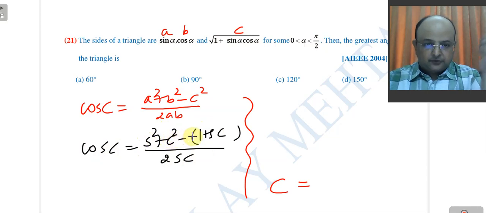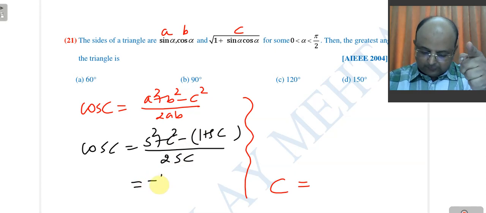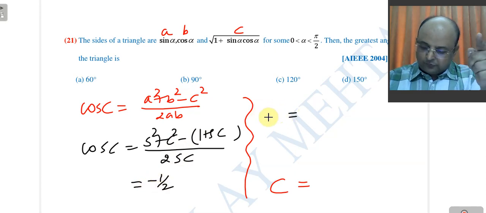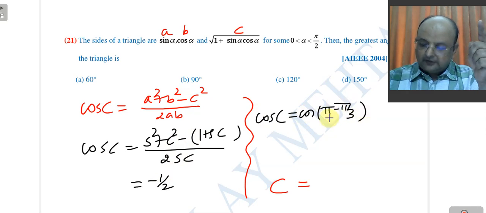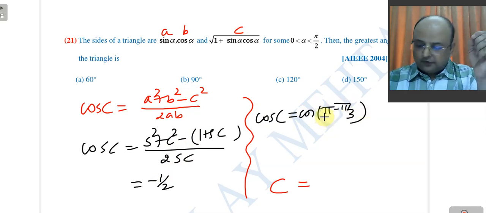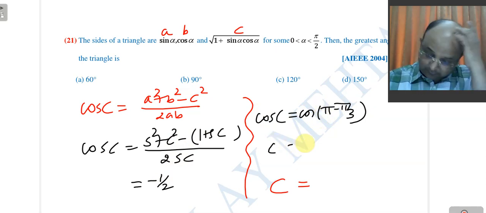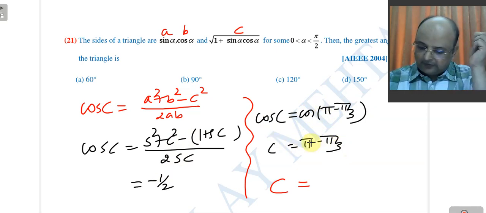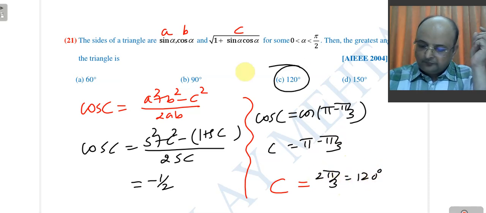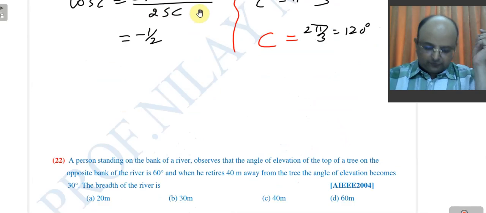Sin square plus cos square is 1, minus 1 cancels. Minus sin alpha cos alpha upon 2 sin alpha cos alpha, that is minus half. So you know that cos C equals cos (pi minus pi by 3). Because of pi, cos remains cos, but in second quadrant cos is negative. So pi minus pi by 3, that means 2 pi by 3, that is 120 degree. Easy. So that was 21.